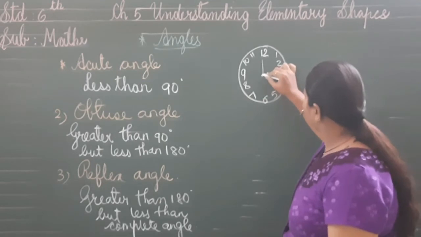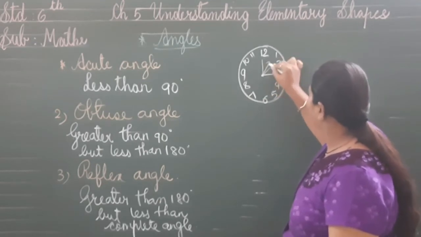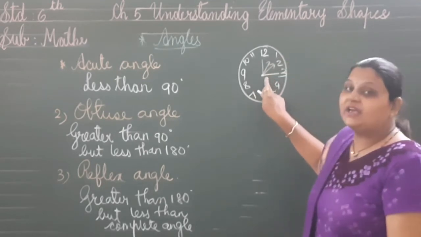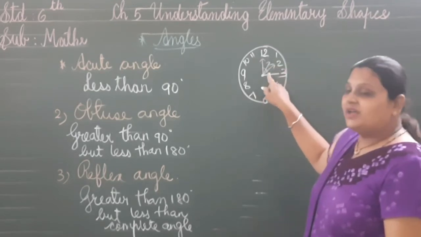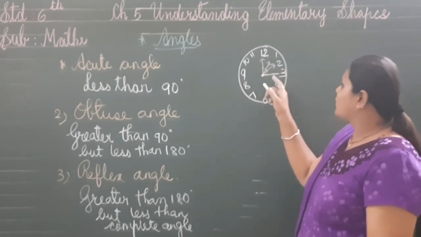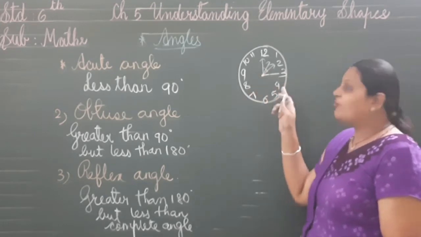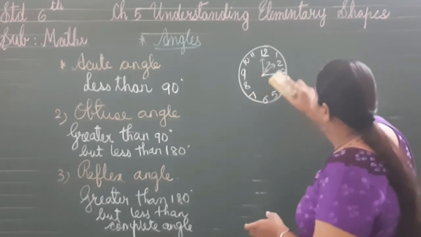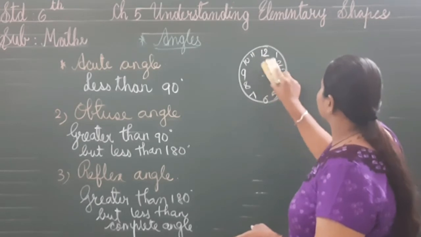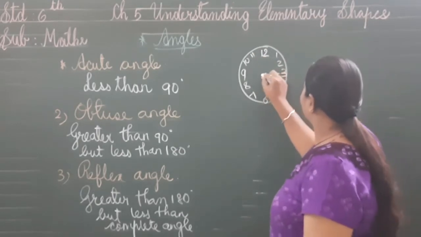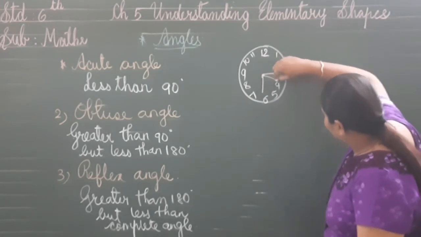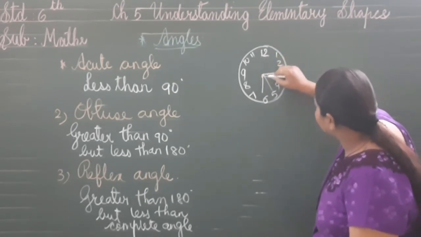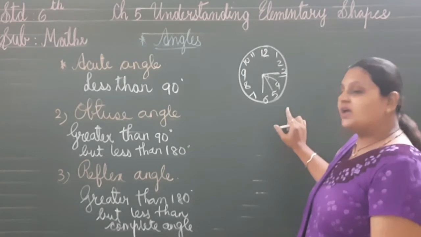So if the hand of the clock is on 1 or on 2, it forms an acute angle over here. So this position is known as the acute angle position. In the same way, if the clock changes its hands, it will be like this. This position in the clock is also known as an acute angle.